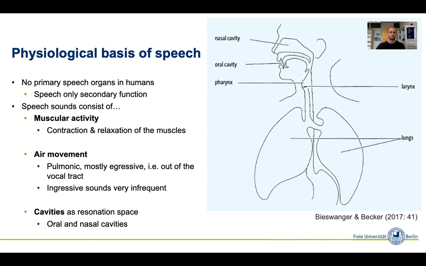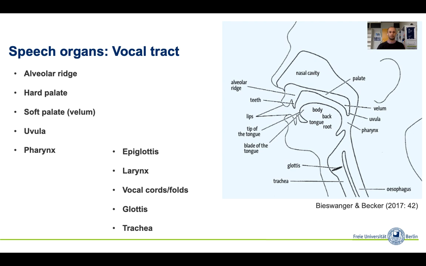Right. And if we now have a look at the vocal tract, so the parts that we use to speak above the larynx, we'll see that we have two cavities, the nasal and the oral cavity. We have two lips, right?